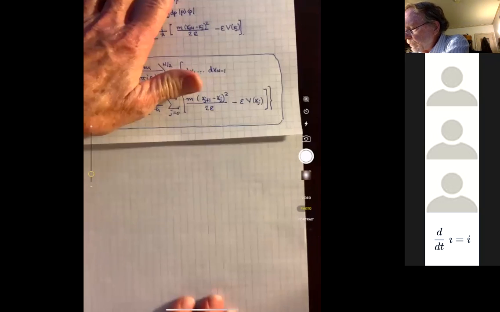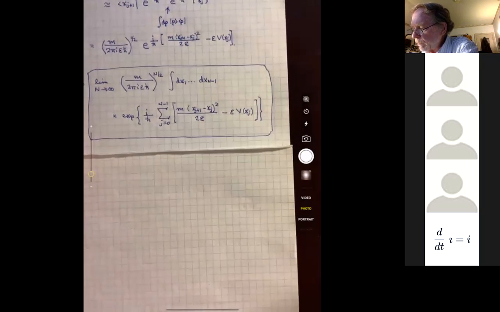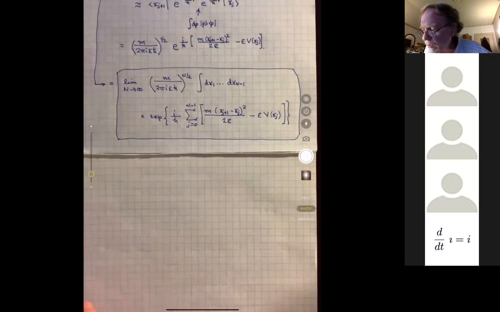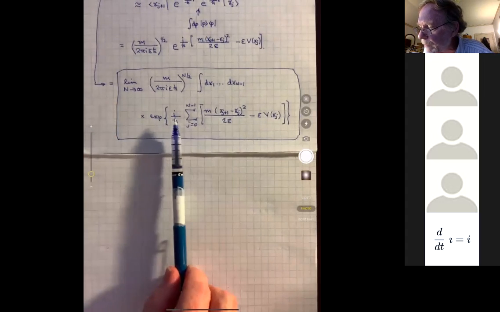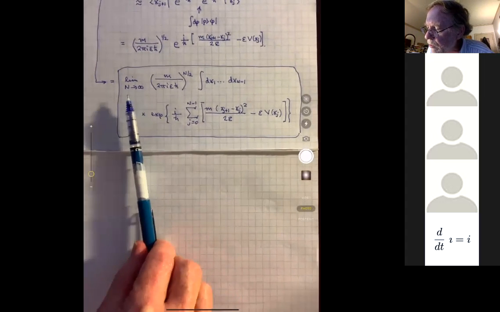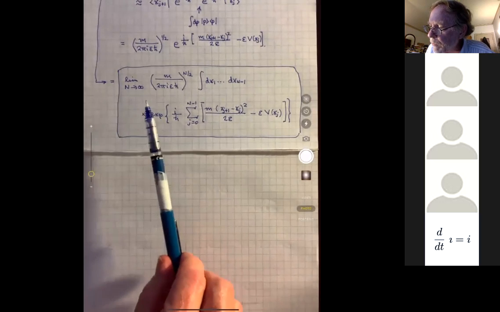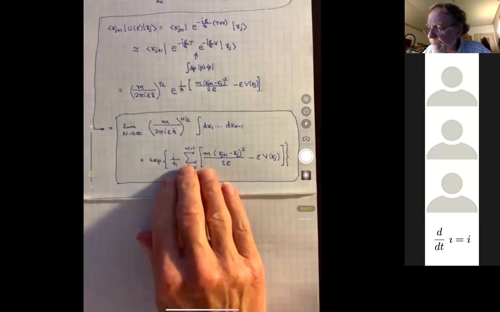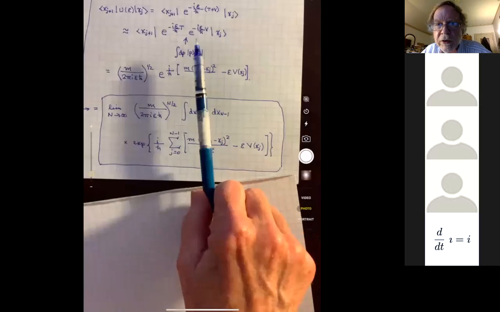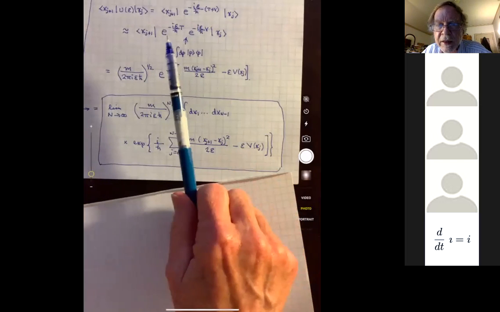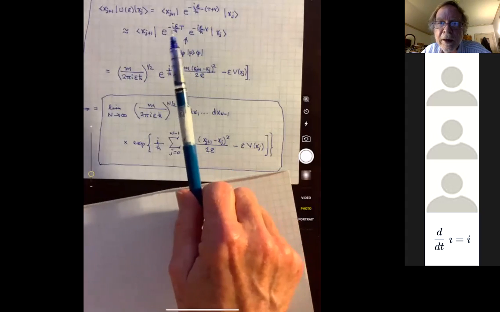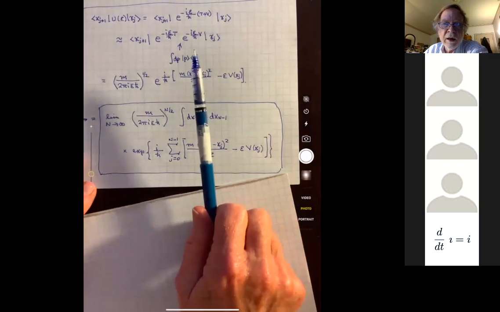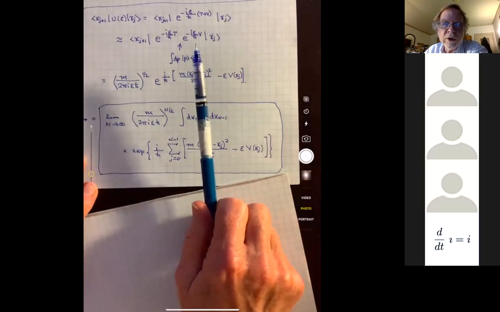The first thing I want to talk about is how to comprehend this rather complicated expression. By the way, the limit n goes to infinity. We made an approximation here, replacing the product of exponentials, of non-commuting exponentials, with the exponential of the sum, arguing that that was valid to at least lowest order in epsilon.